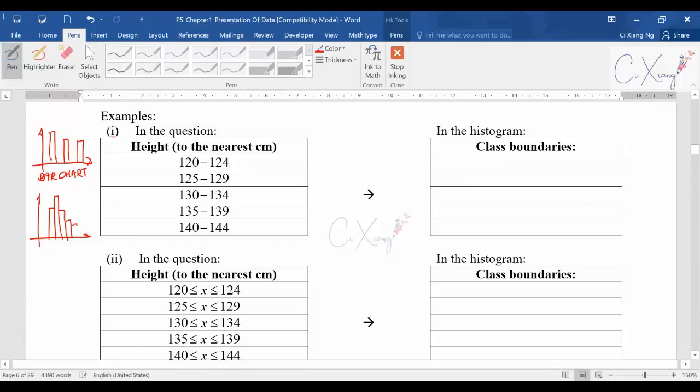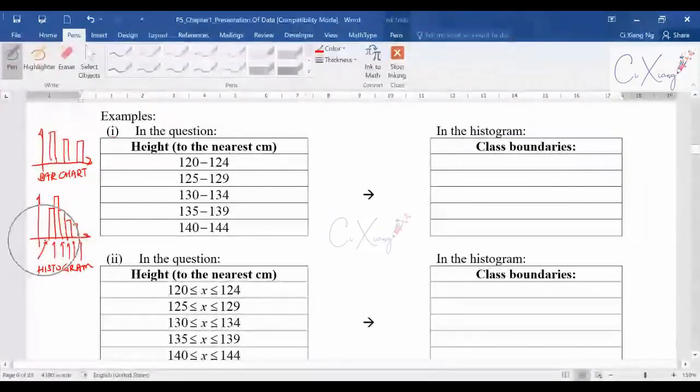All the values between the bars, we call them class boundaries. You can see that all the values here are class boundaries and there's no gap between them. So that's the difference. This is a histogram. If you have spaces, we call it a bar chart. So when you want to sketch a histogram, the very first thing is to make sure all the values and all the bars have no gap.